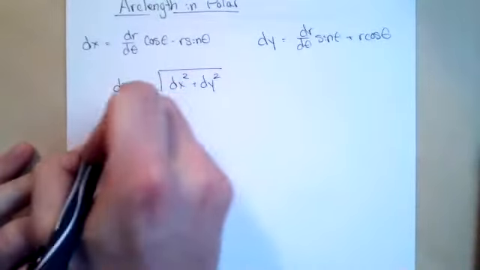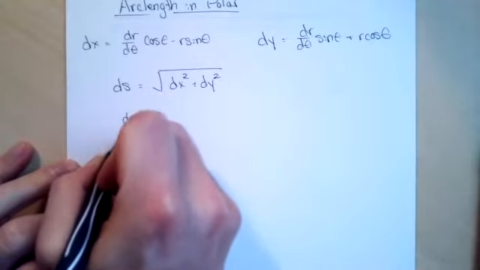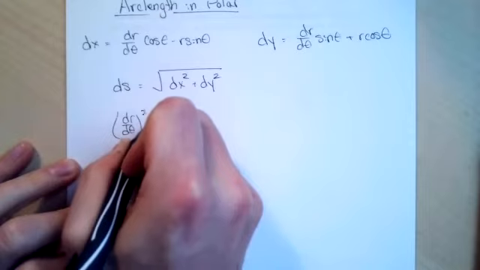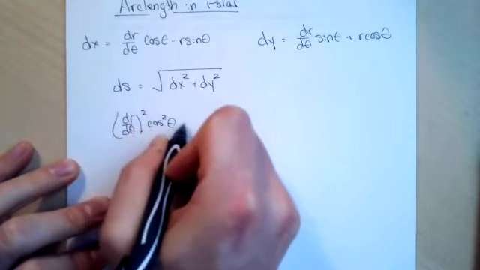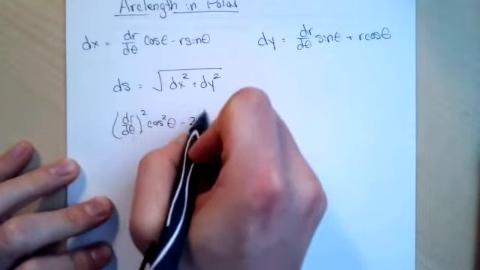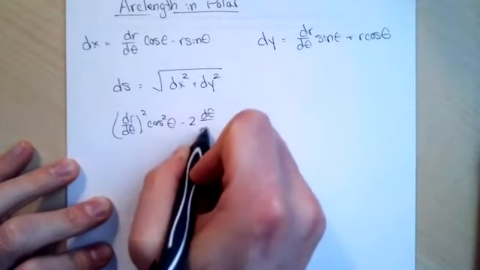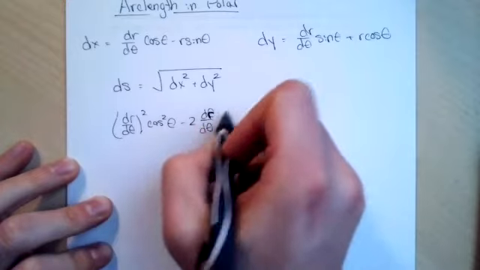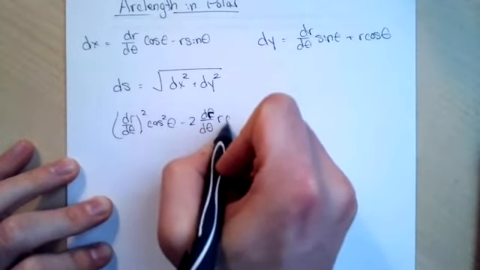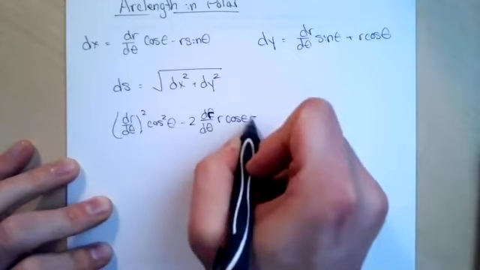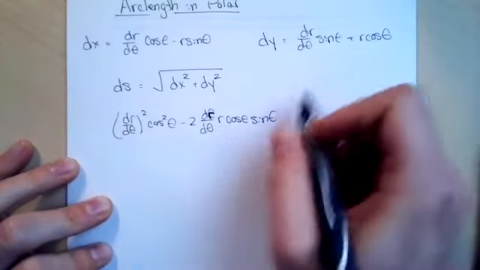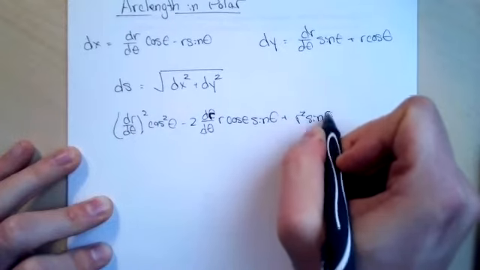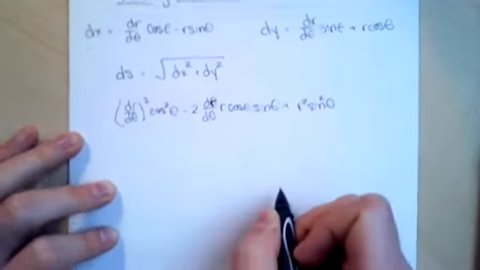We'll have our dx squared is going to be dr/dθ squared cosine squared, minus 2 dr/dθ r cosine theta sine theta, and then plus r squared sine squared theta.